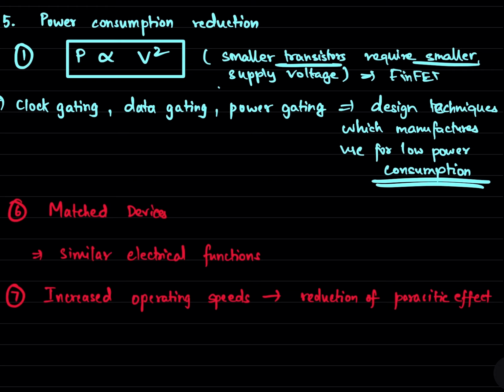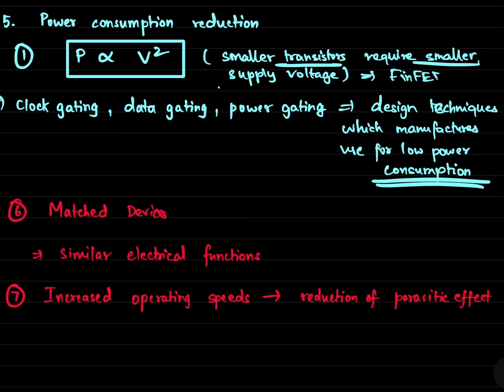Parasitic effect basically causes signal interference, and it can introduce signal delays within the ICs. So if we reduce this parasitic effect, the signal can be more prominent and can propagate quickly without any delay, which allows the circuit to operate fast. So this is what we want. We want the ICs to perform very quickly, at a very high speed. So we have to reduce the parasitic effect.